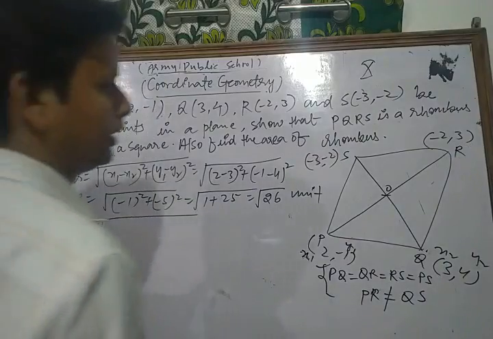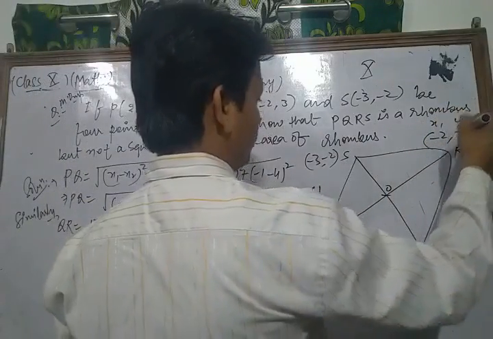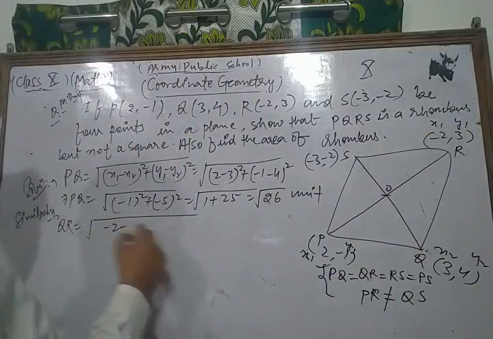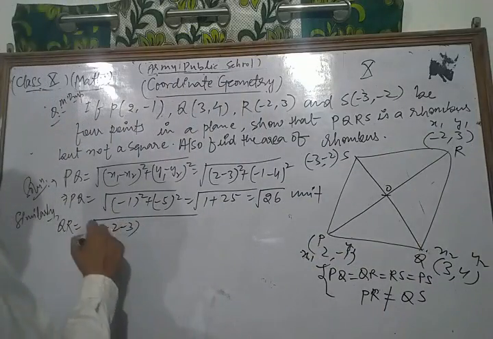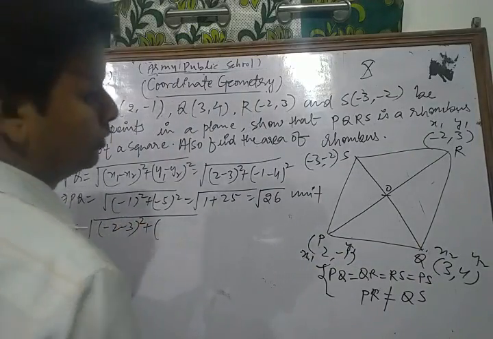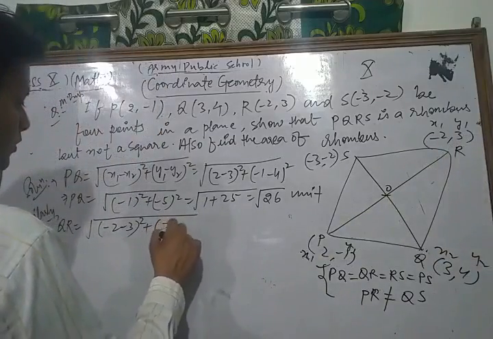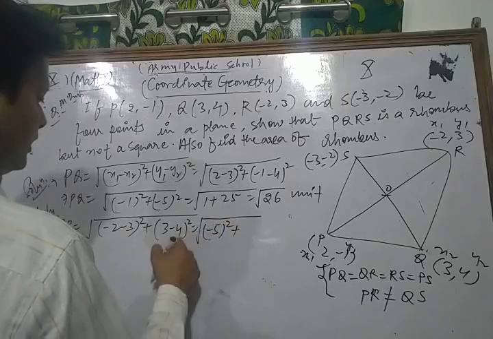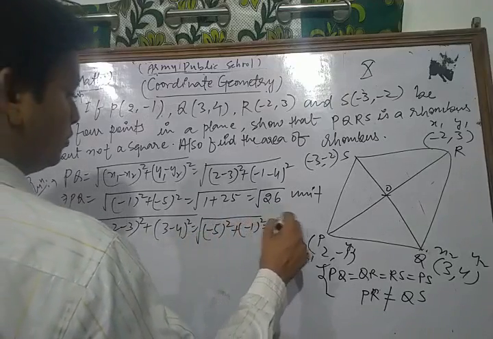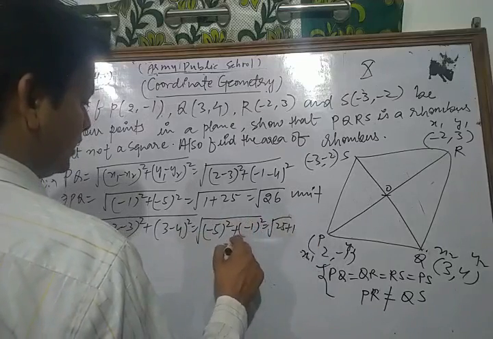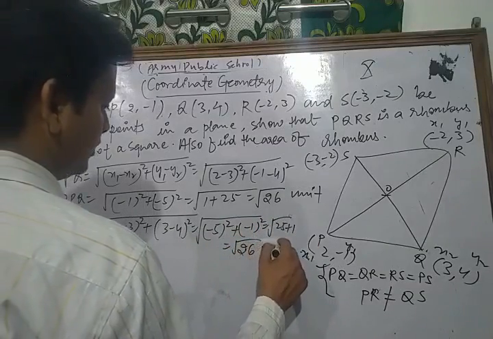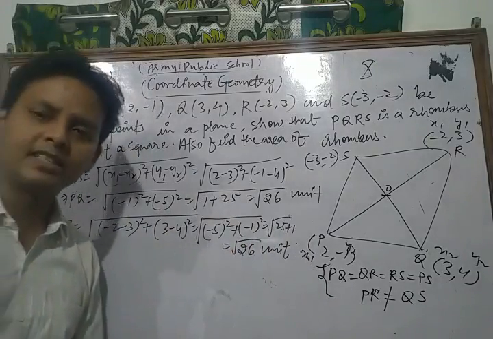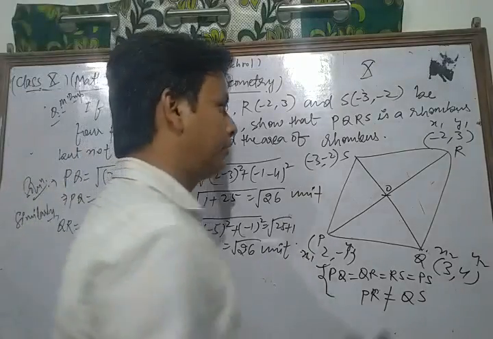Taking x1 y1 and x2 y2, x1 minus x2 means (-2 minus 3) whole square plus (y1 minus y2) which is (3 minus 4) whole square. Simplifying, we get (-5) whole square plus (-1) whole square, which is 25 plus 1, that is under root 26 units. So distance QR is also equal to under root 26 units.